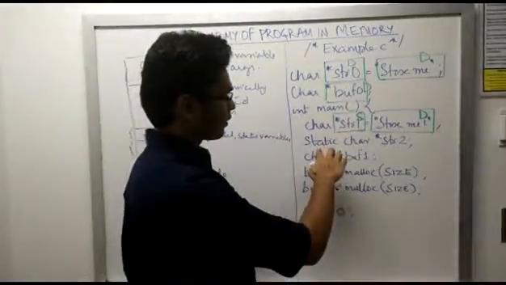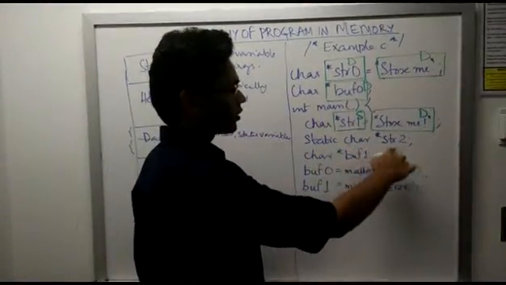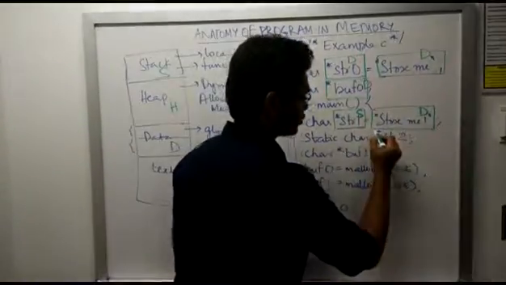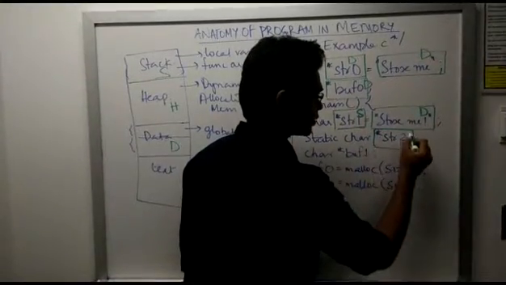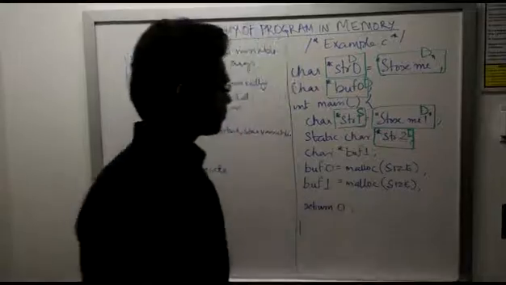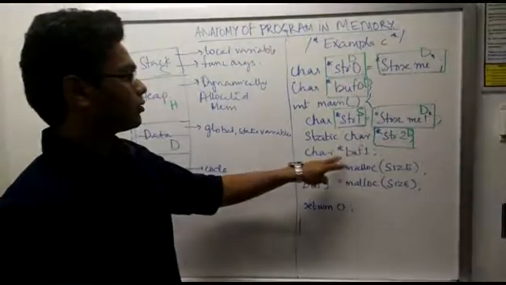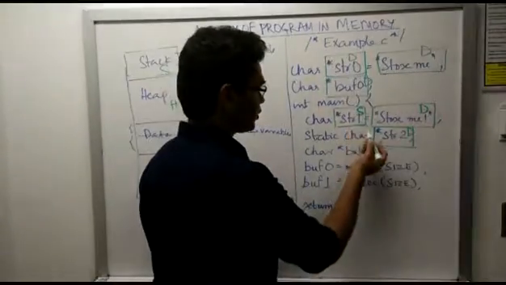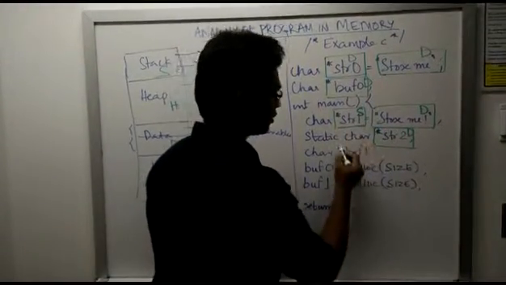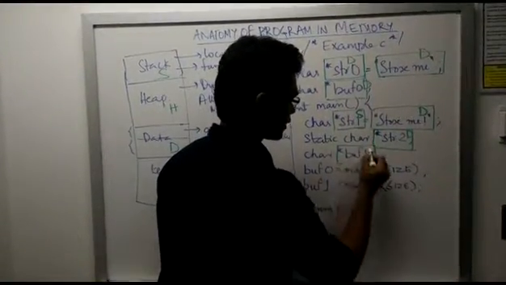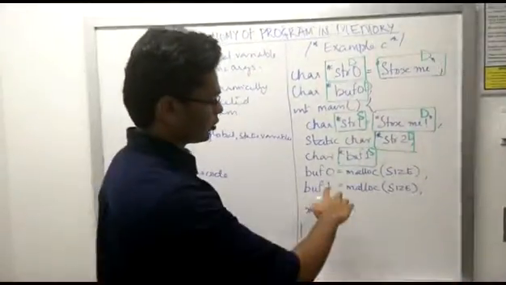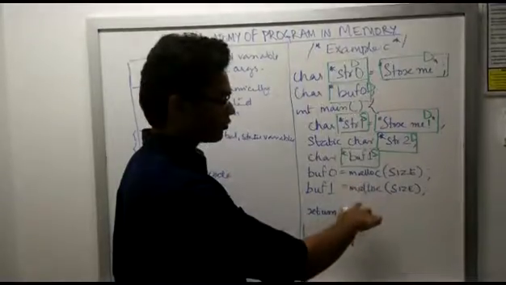Going ahead, I have a static char star string 2. Because it is static, it is not going to come from your stack, it is going to come from your data section. This is a char star buff1. This will mimic your string 1. It is going to come from your stack. And then you can see 2 malloc functions here.